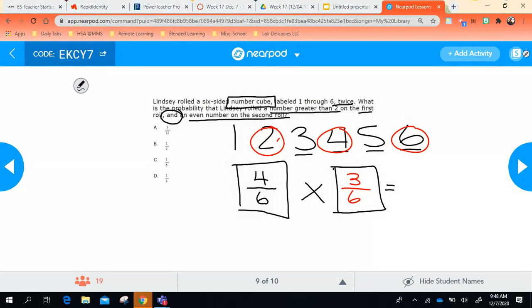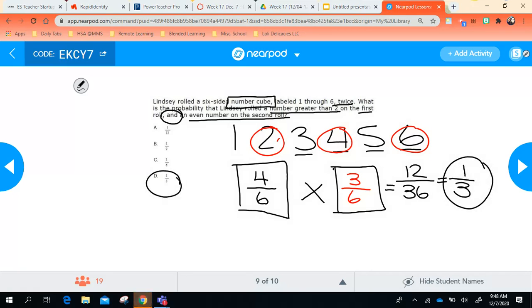What is 4 times 3? 12. What is 6 times 6? 36. Perfect. Sorry, I forget that you guys can't hear the people on the mic. What is 12 over 36 simplified? 1/3. Perfect. So our answer would be D.